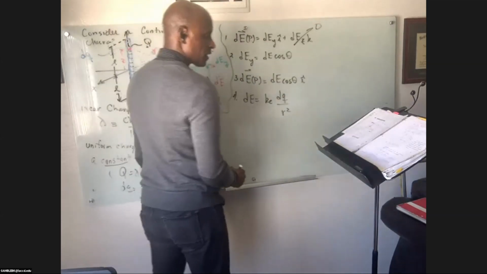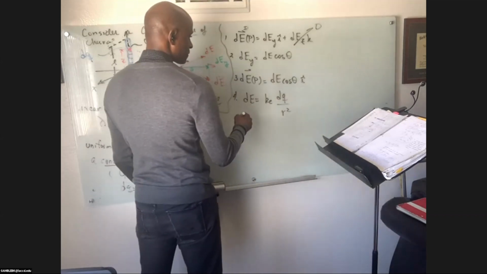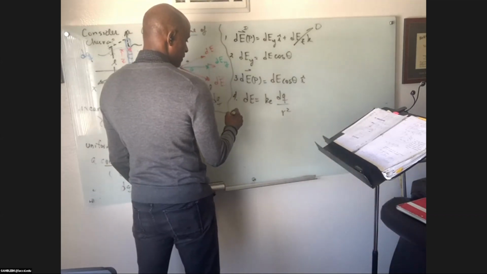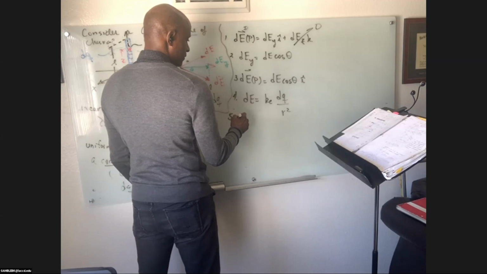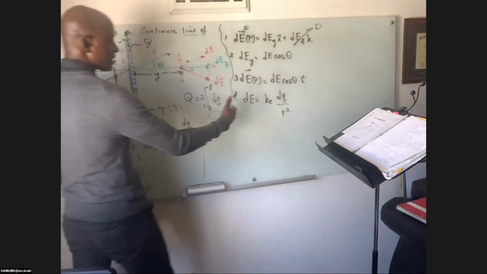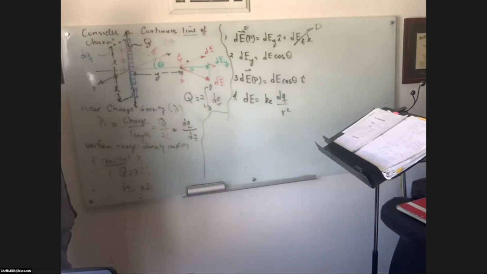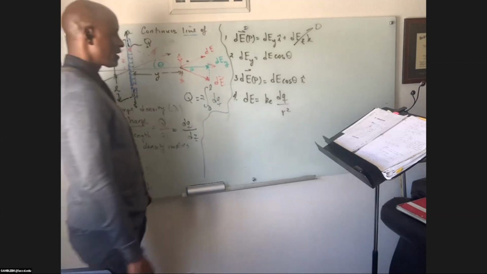Ultimately, E is equal to the integral of k_B dq over r squared. But for right now, I'm just going to leave it as dE and stick it in.